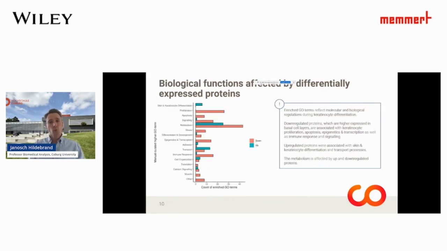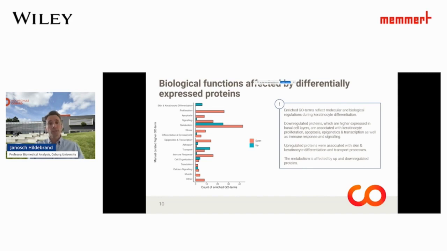At the next step, we performed gene ontology enrichment analysis on the upregulated and downregulated protein sets. Interestingly, the enriched and overrepresented GO terms and processes identified reflect epidermal biology during keratinocyte differentiation.